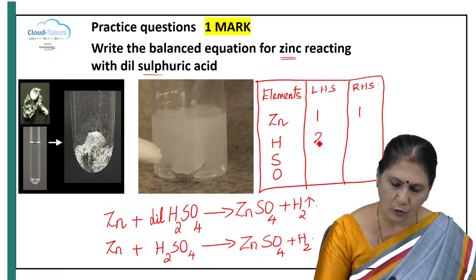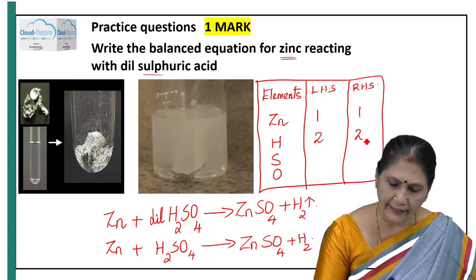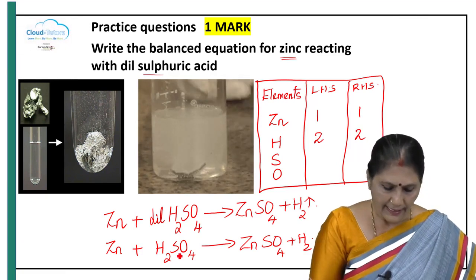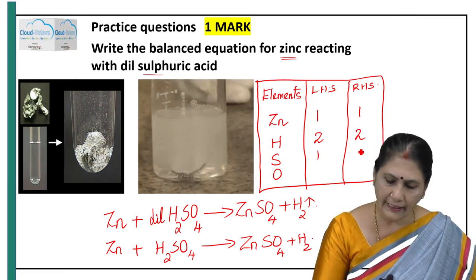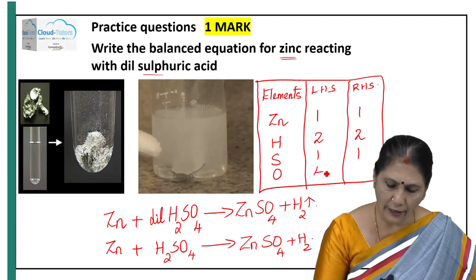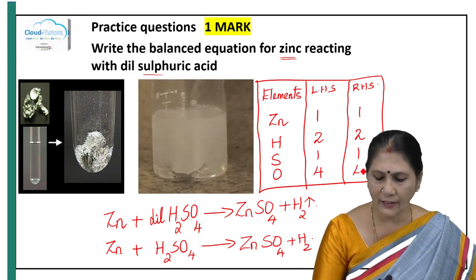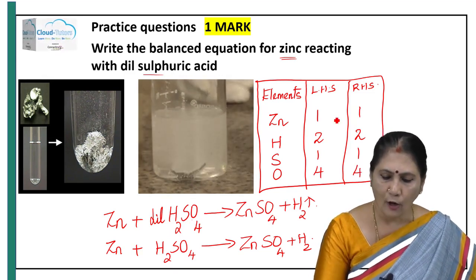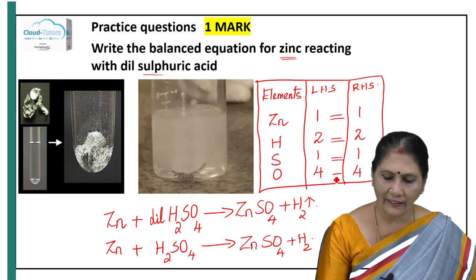Hydrogen is 2 on the left hand side, the reactant side. On the product side, it is again 2. Sulfur is 1. On the product side, again it is 1. Oxygen is 4 in number. On the product side, again it is 4. That means all the numbers of atoms are equal.